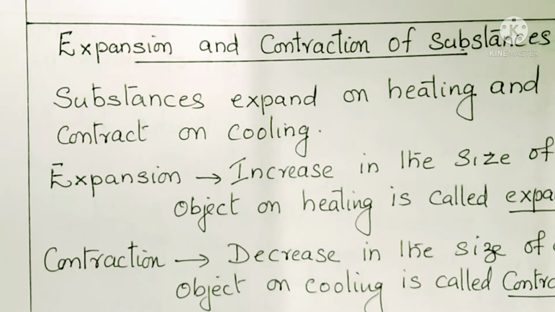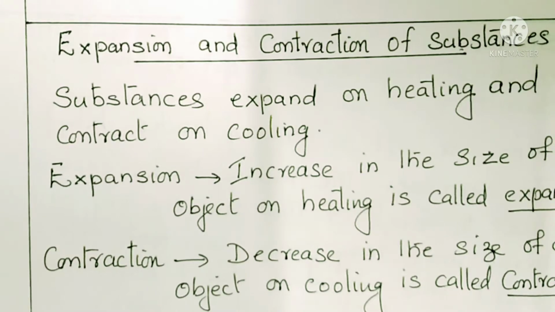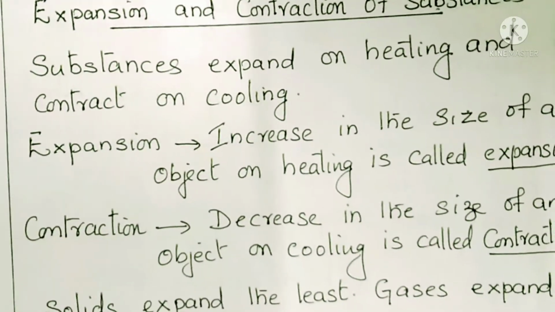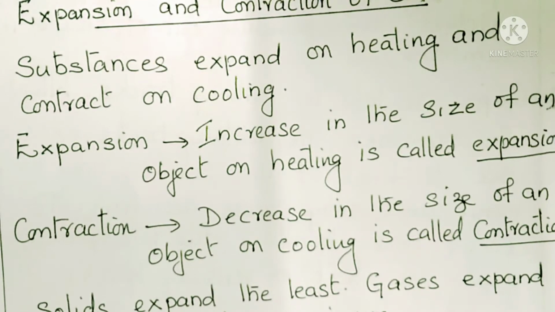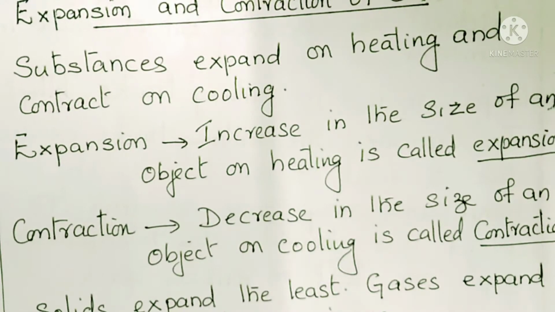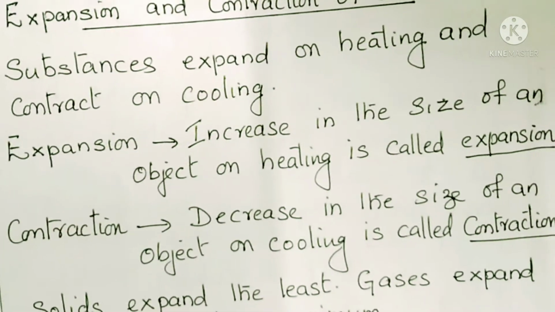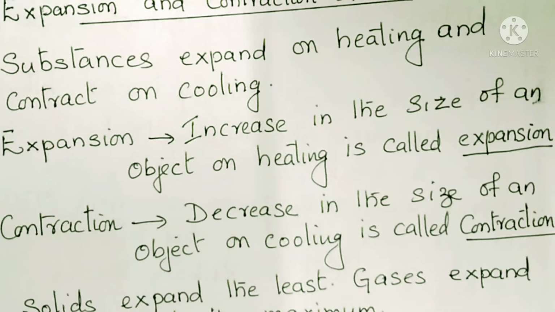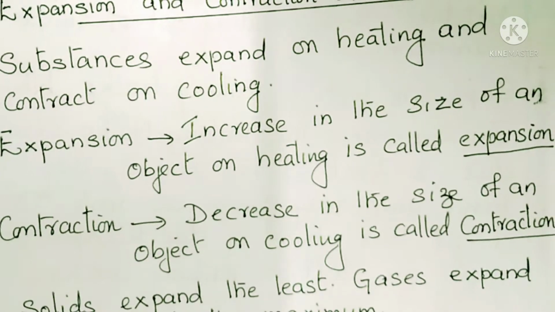Now, what is meant by expansion? Expansion means the increase of size. That means it becomes bigger in size because of heating. Expansion means the increase of size due to heating.